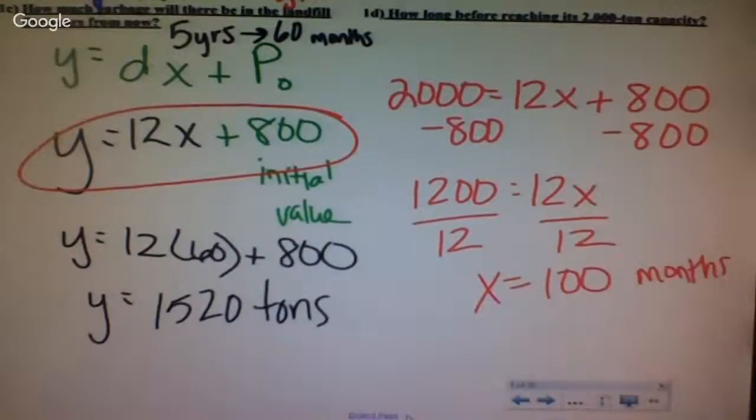Divide by 12. There are 12 months in a year, so you would divide that by 12 if they want it in years. 5 years equals 60 months. In 10 years, it's 8.3. 8.3 years.